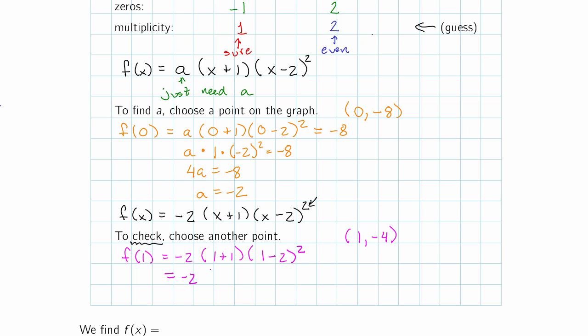That's -2 times 2 times -1 squared. That is indeed -4. So that checks out. If we had the wrong exponent there, something would probably have gone wrong in the process of plugging that in. If we had a third nice point, we might try that. It doesn't look like we have a third nice point.